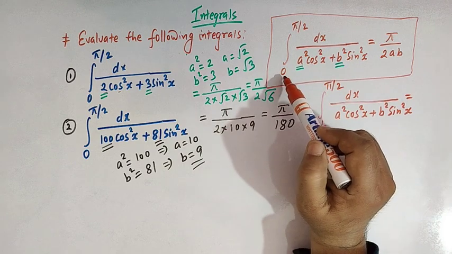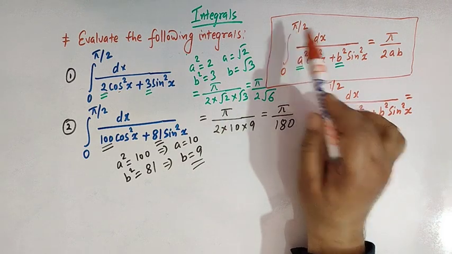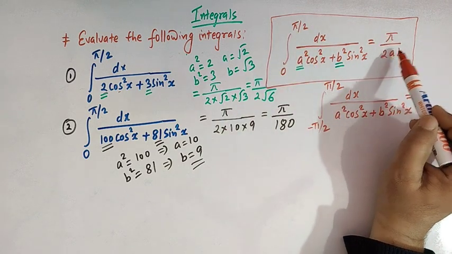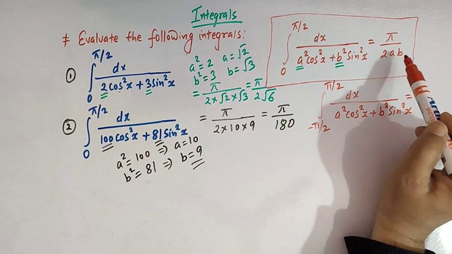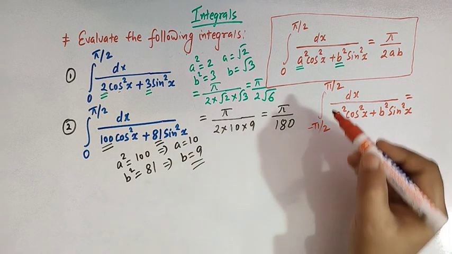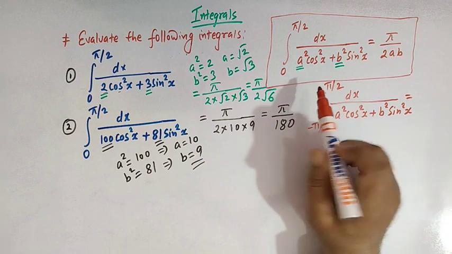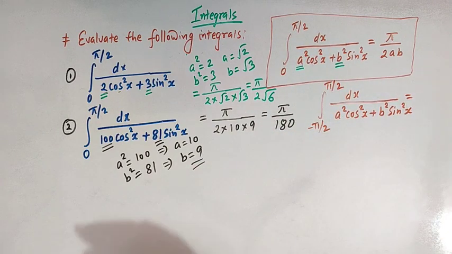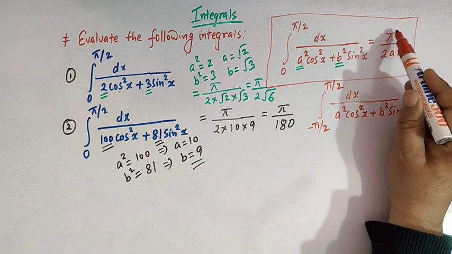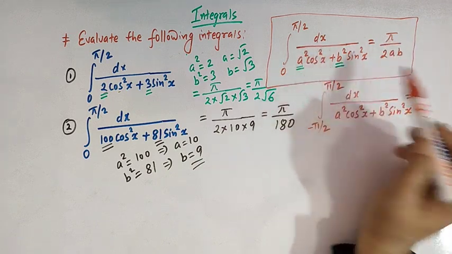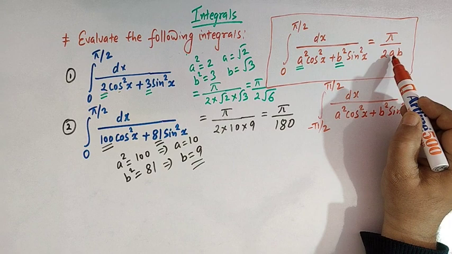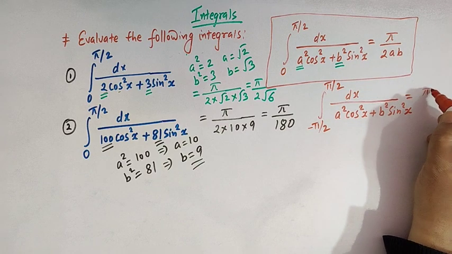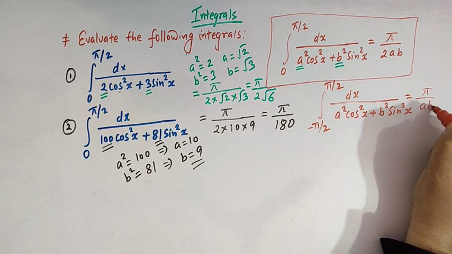When the limits are from 0 to pi by 2, the value is pi divided by 2 times the product of a and b, right? And when we change the limits to minus pi by 2 to pi by 2, then the value of this integral is twice this value, that is pi over the product of a and b.